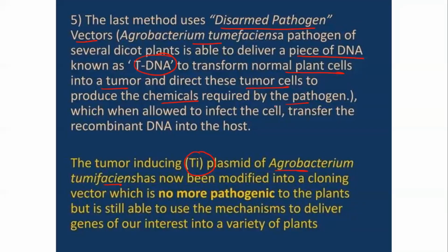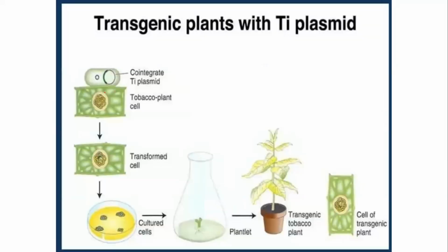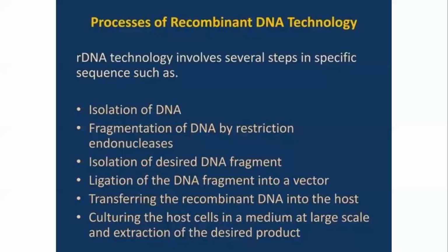By this vector, we are able to infect the cell and transfer the recombinant DNA into the host. This is a diagram. This is a tobacco plant cell. We are using this co-integrated Ti plasmid, and the cell got transformed. We culture the cells and then insert them into a plantlet. Finally, we have the cells of transgenic plants. So transgenic plants are produced by the Ti plasmid.